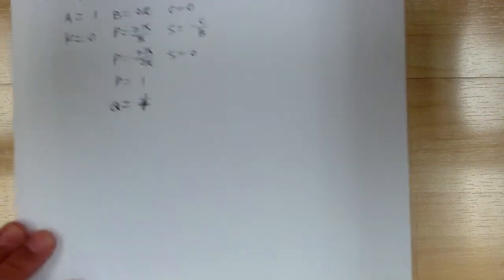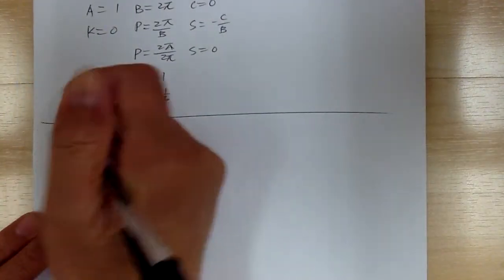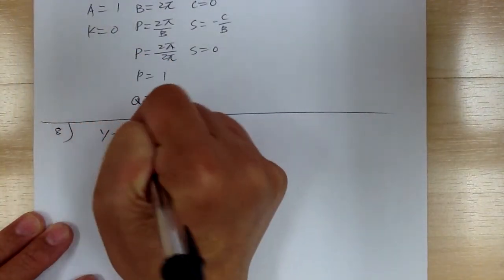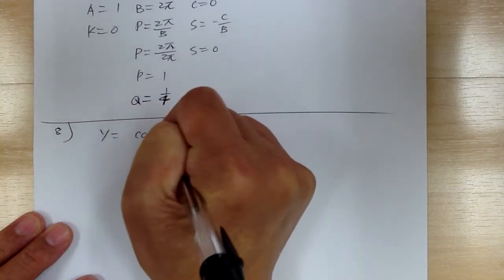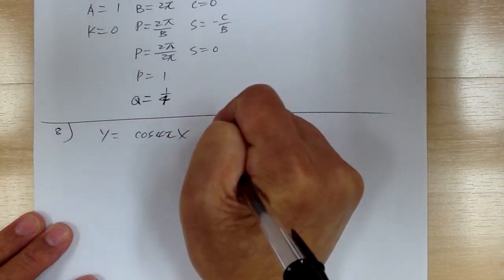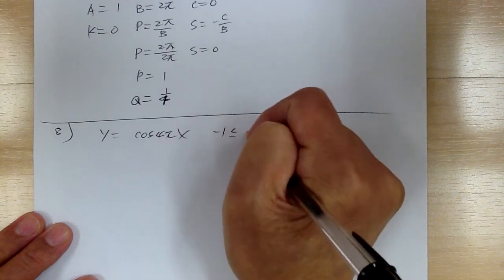Let's go to number 8. You got y equal to cosine of 4 pi x, and you're going from negative 1 to 1.